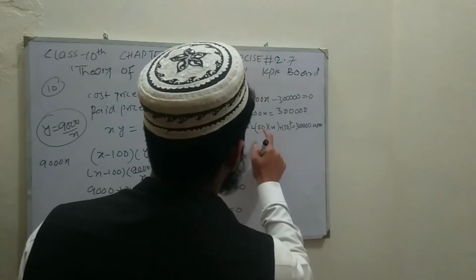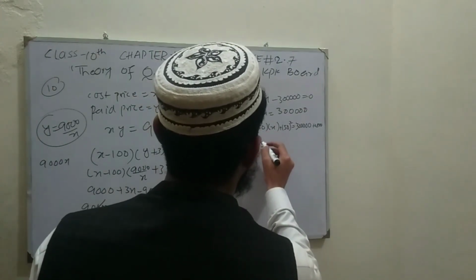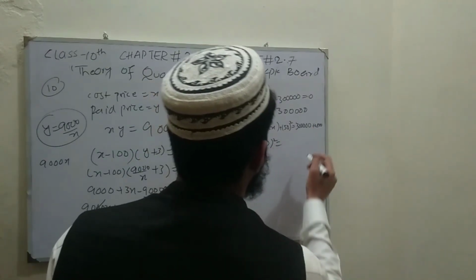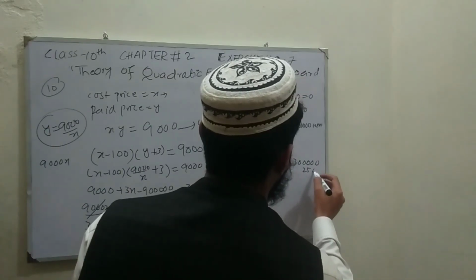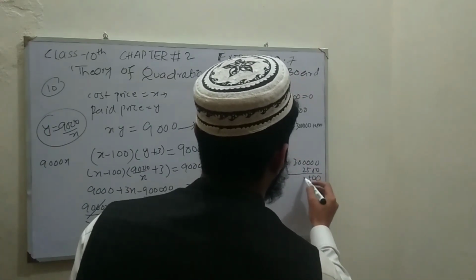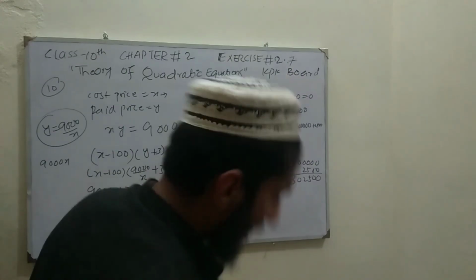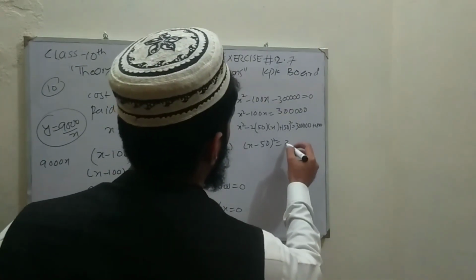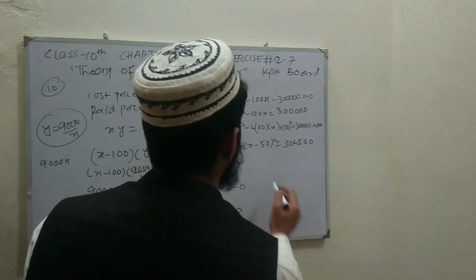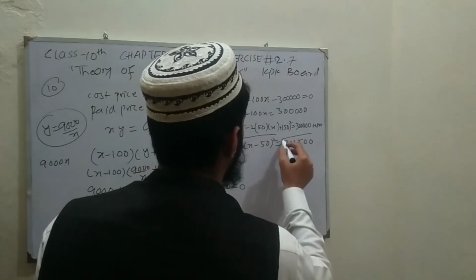Using the formula a square minus 2ab plus b square, so (a minus b) whole square. Adding 3 lakh with 2,500 gives 302,500, taking the square root on both sides.